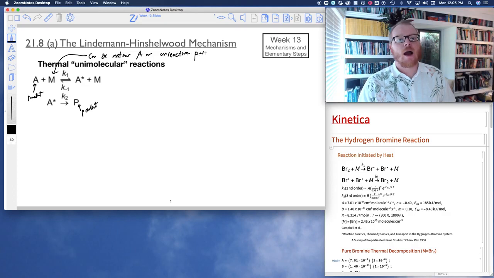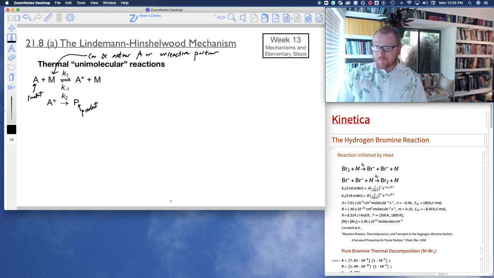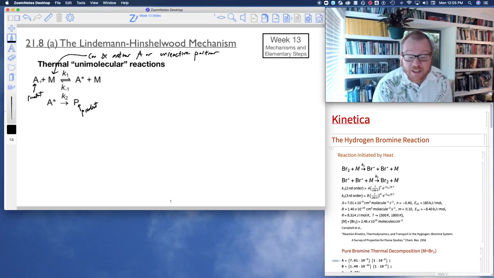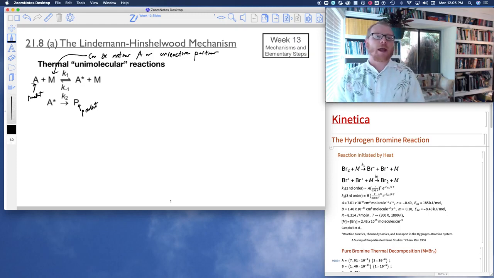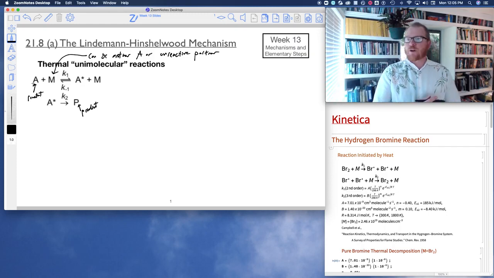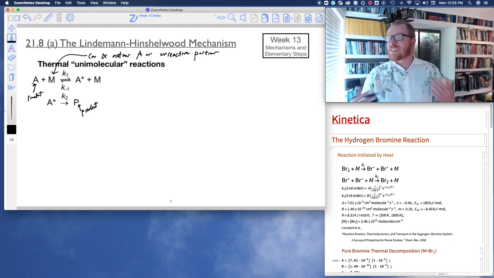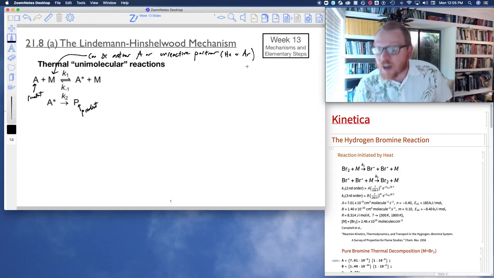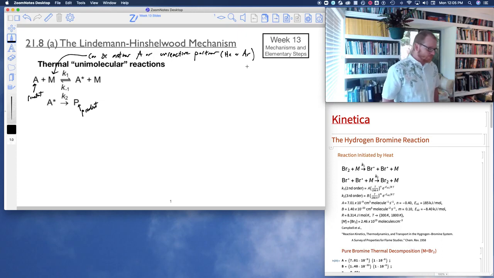In this case, we could think of M as a second body. It could also be a third body if I had another reactant in here. So you'll often hear me refer to that as a third body or a second body, an unreactive partner. That means it could be like helium or argon or something like that.